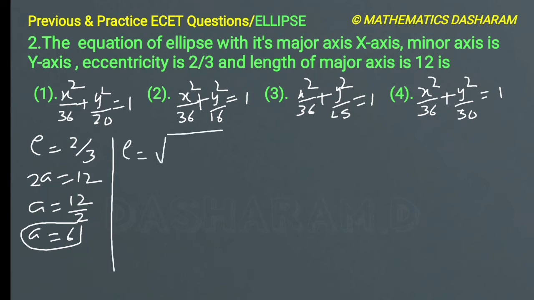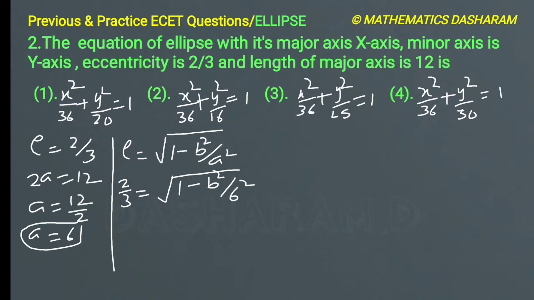In this case, the eccentricity formula is 1 minus B square by A square. So E equals under root 1 minus B square divided by A square, E value already given, that is 2 by 3. So it equals under root 1 minus B square divided by A square, that is 6 square.